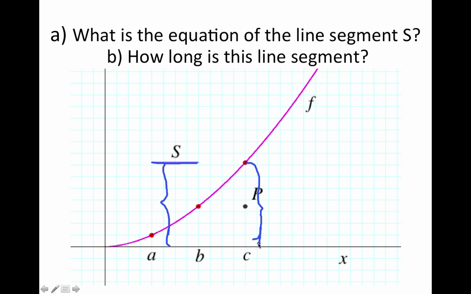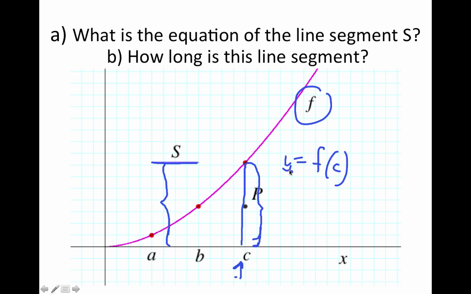Therefore, we can describe the y-coordinates of all of these points using the output of the function f when x is c, because that gives us this length. So y equals f of c.